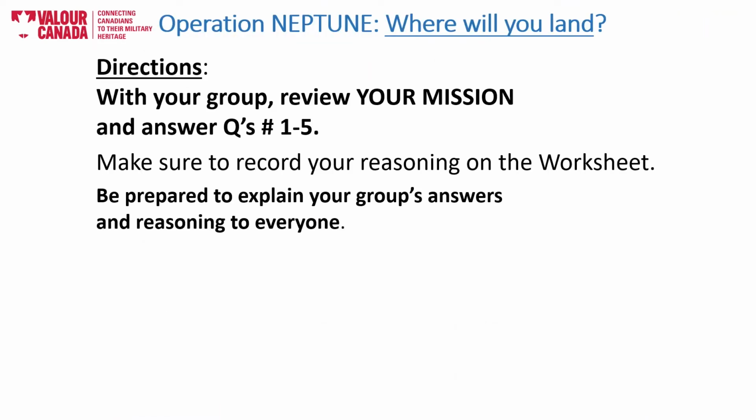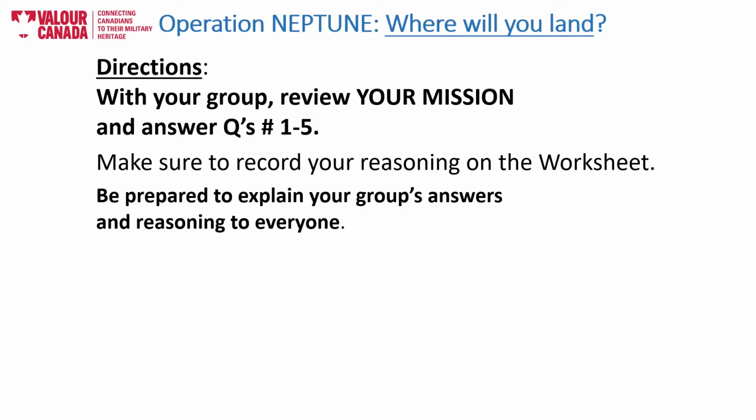So now the third piece is the worksheet. Each group's going to get a map, a cheat sheet, and a worksheet. For the worksheet, read through it carefully, do the questions starting with 1 and then continue on to 2, 3, 4, and 5. Don't skip ahead to 4 and 5.